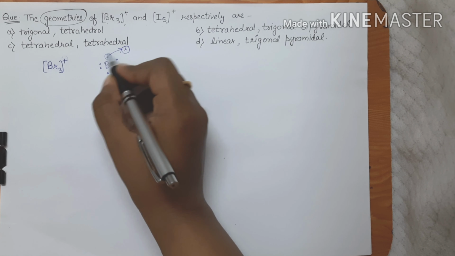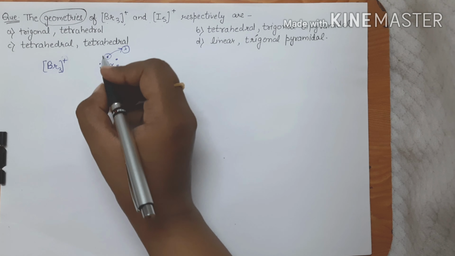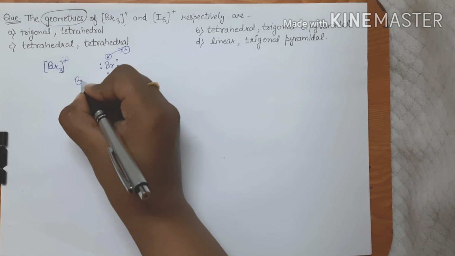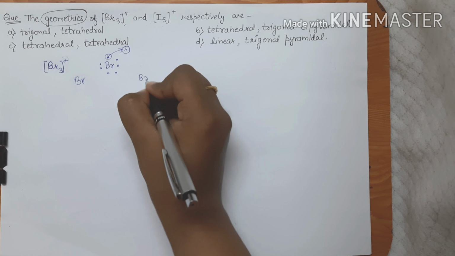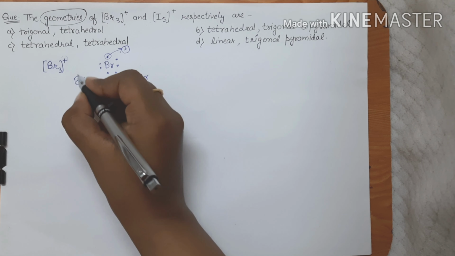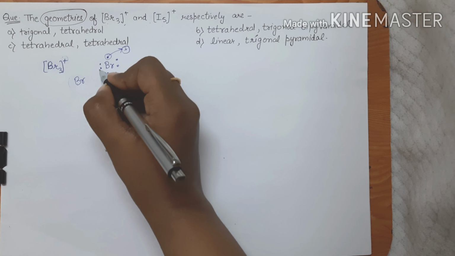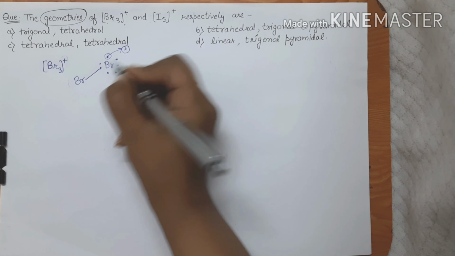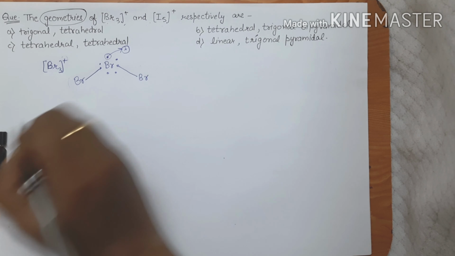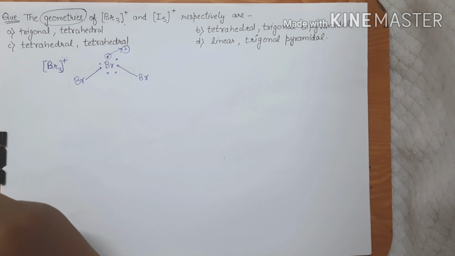Now this Br is attached to 2 more Br atoms like this, so it will form bond with 2 Br atoms, right? Now we have to find out what will be the geometry of this Br3 positive.